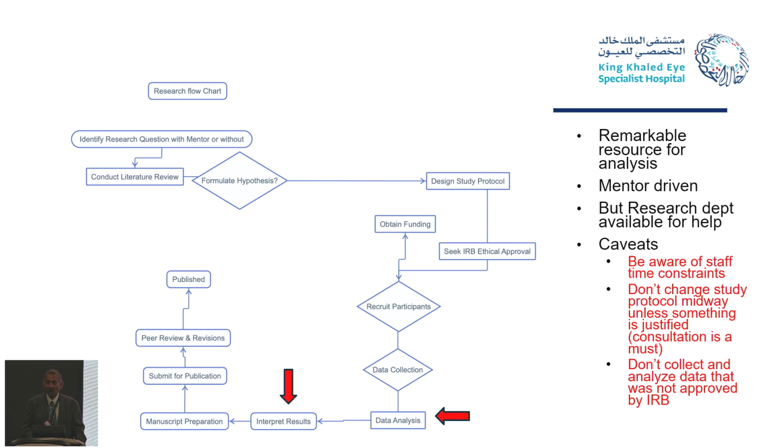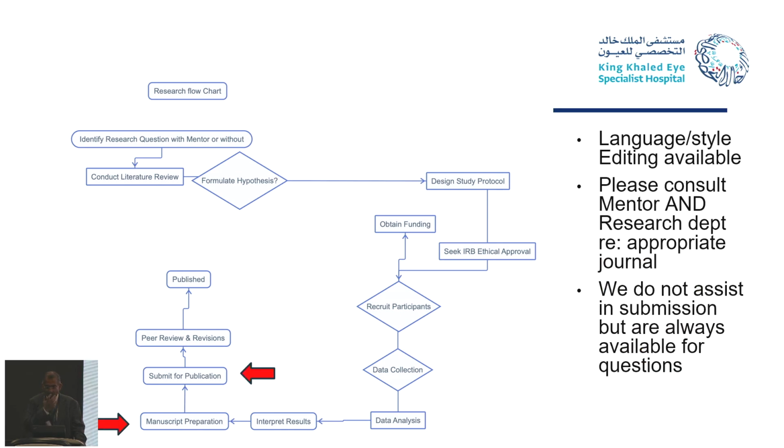Once you have decided the protocol, you don't decide to collect another set of patients, and don't collect and analyze data that was not approved by the IRB, okay? Just stick to your proposal. But I think the issue of staff constraints is important, okay? Not 2 weeks before you have to submit your thesis. That's not when you contact our biostatistics team to help you analyze that. So just beware of that.